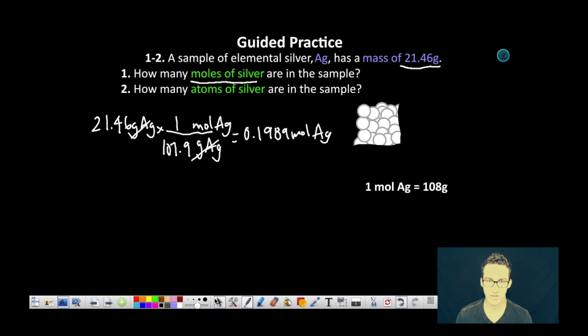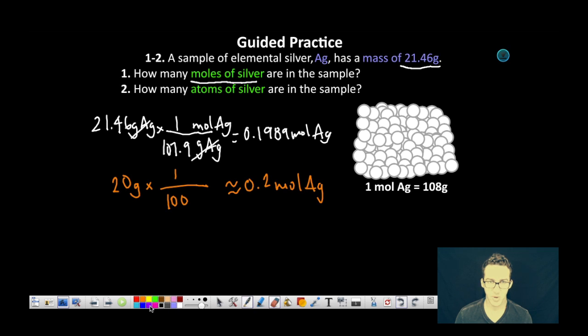When you're doing this on the test with multiple choice estimation, I would estimate 20 grams and maybe do 1 out of 100. The answer choices on the multiple choice are going to be far enough apart that you can do some pretty decent estimation and still figure out the answer. So you should recognize this is going to be about a fifth of a mole of silver.